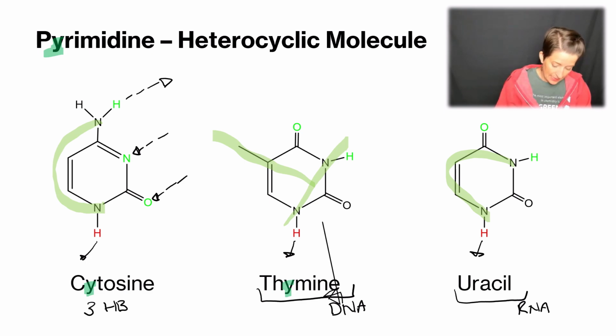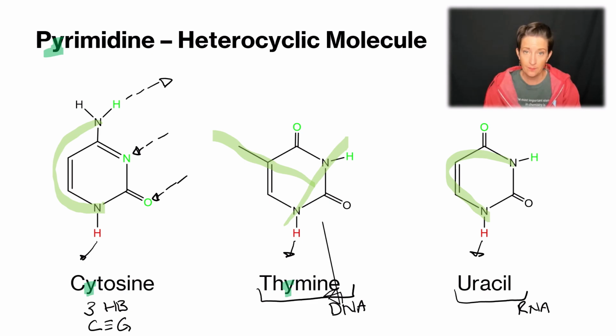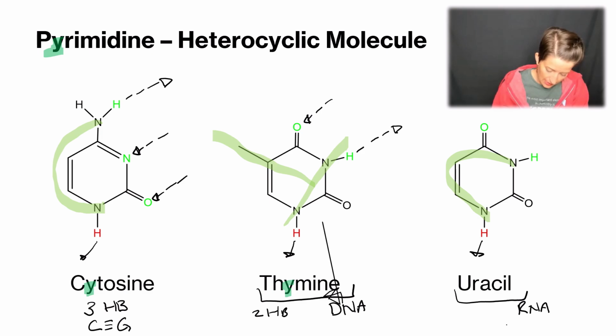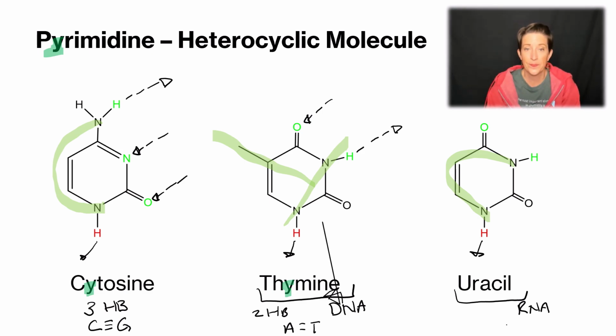Therefore, cytosine's complementary base pair is guanine. Looking at thymine, thymine has 1 hydrogen bond acceptor and 1 hydrogen bond donator. So it can form 2 hydrogen bonds, and its complementary base pair will then be adenine.